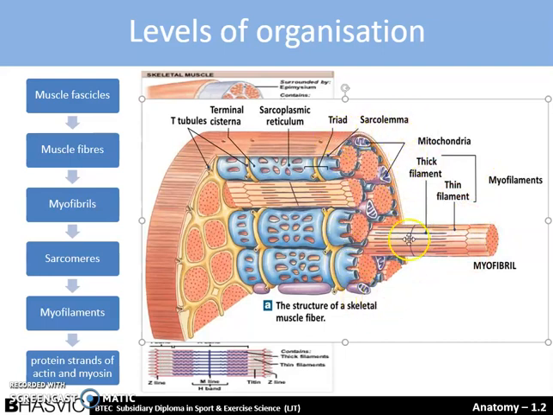This shows the actual section of the skeletal muscle fiber. This is another cross section, and this is an extended part. This is the sarcoplasmic reticulum around the side, the T tubules coming all the way down, and the mitochondria right here, cross sectioned at this point.